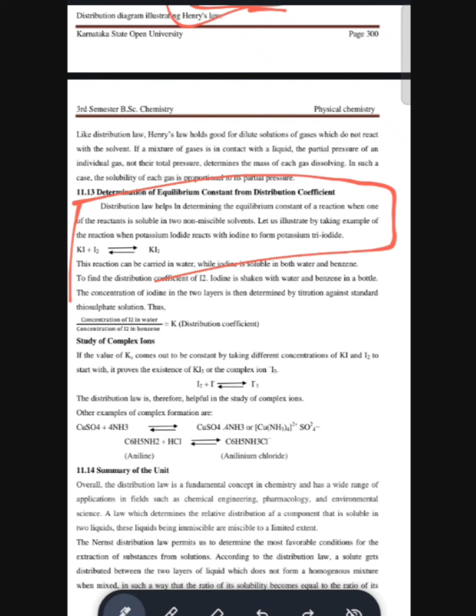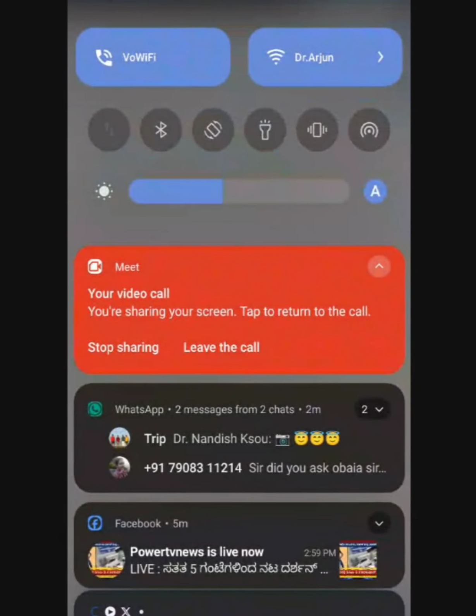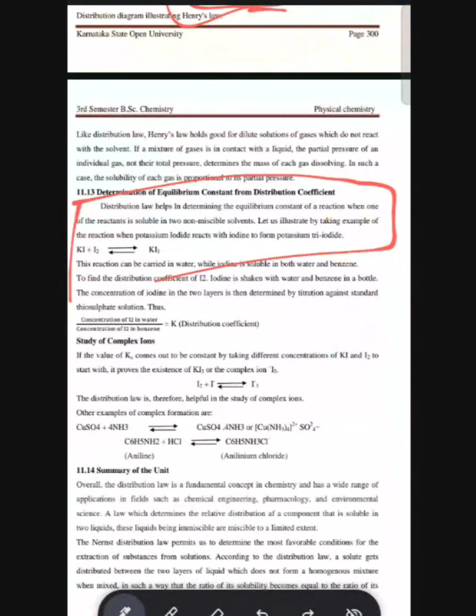So for that we are going to use the distribution law.